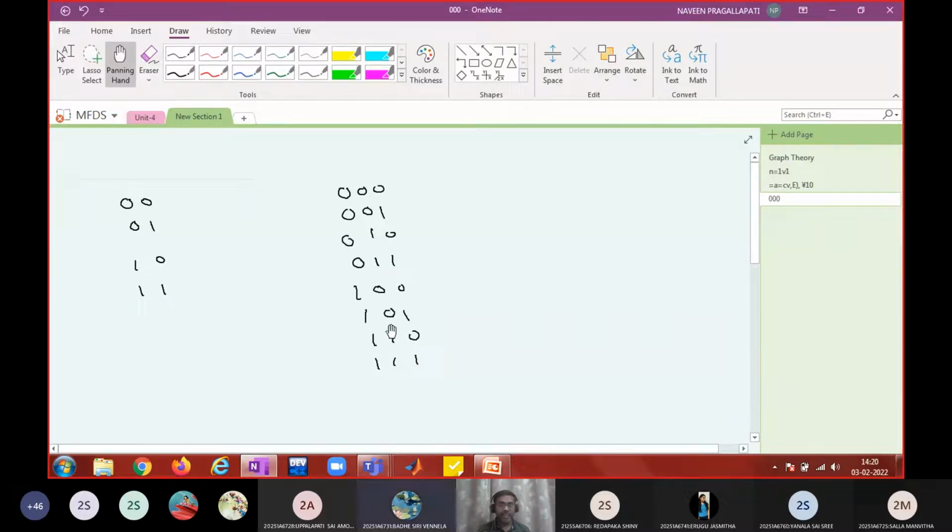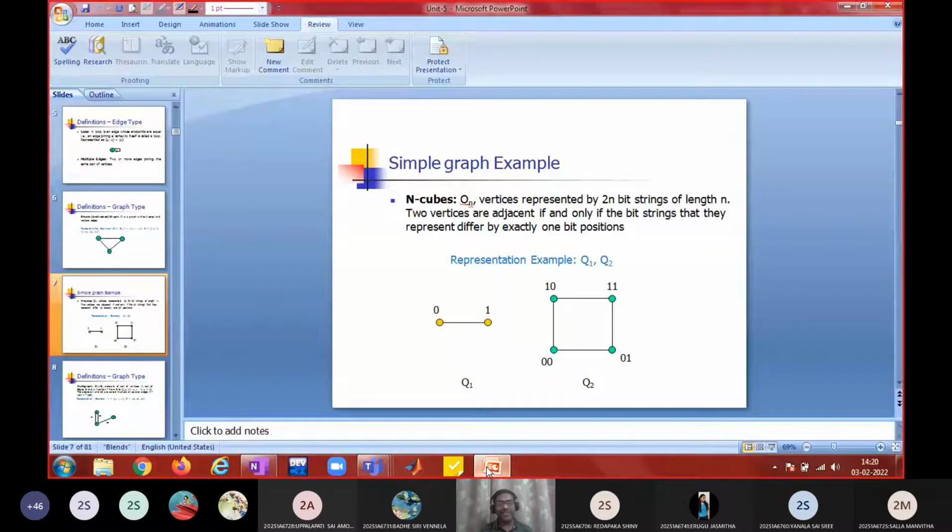No, sir. How many bits differ there? Two. I said there should be one and only one change. Therefore these two are not connected. Is that okay? So you connect the vertices by satisfying this property and tell me what kind of graph you are going to get.